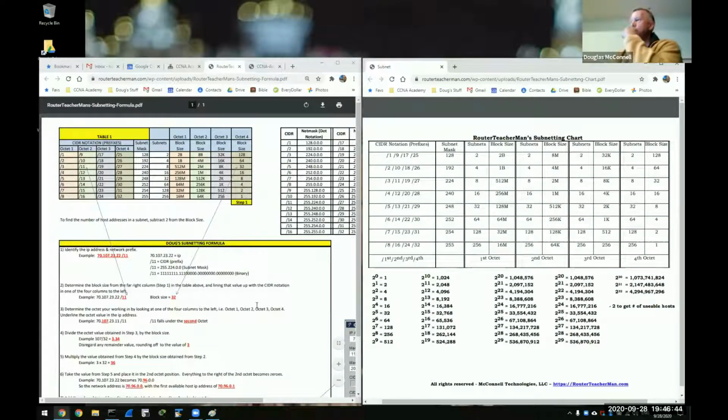Why? Because it's second on your graph. No. Why is it octet 2? Oh, because it's the second. Because that's where the /11 is.